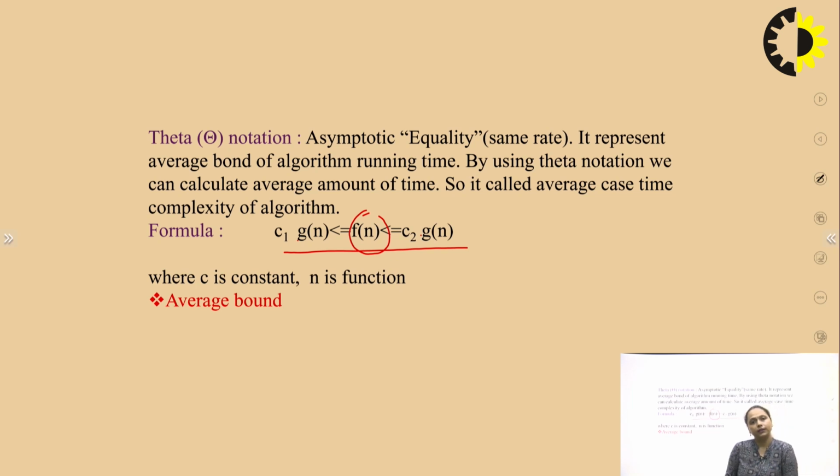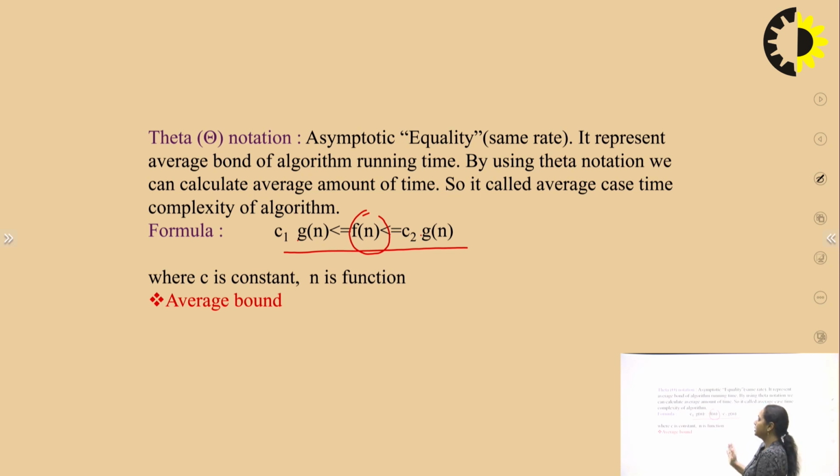So, there are three asymptotic notations. The first one is the big O notation, which is generally used to calculate the worst case complexity of the algorithm. The second one is the omega notation, which is used for the best case time complexity calculation.